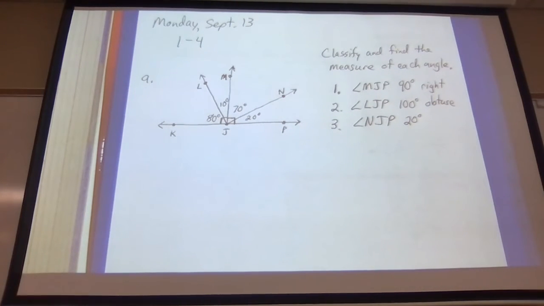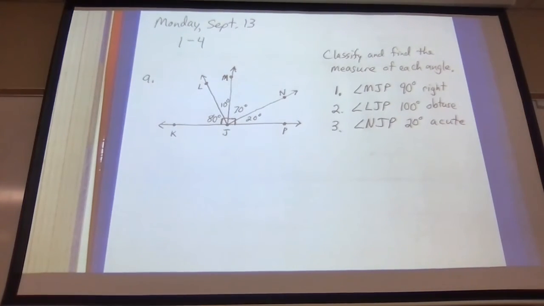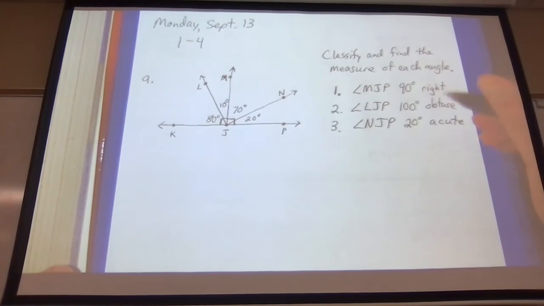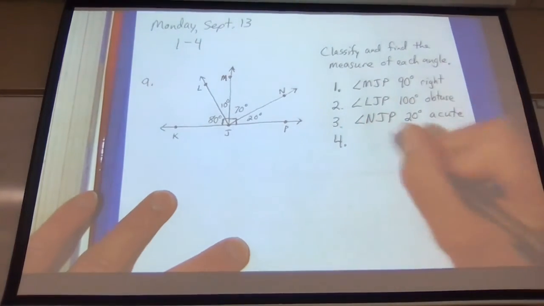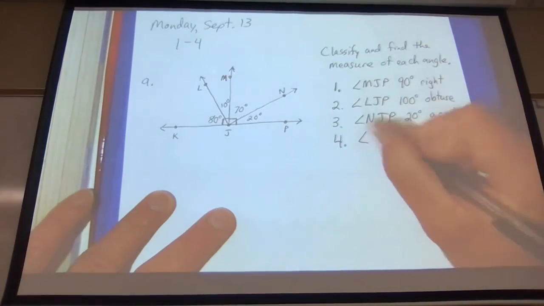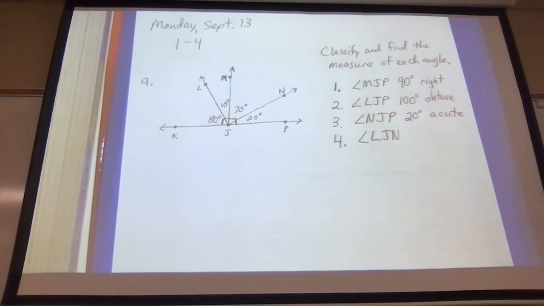And if it's 20 degrees, is that right, acute or obtuse? Maybe do one all by yourself. Does anybody need to see more before we do one by ourselves? Okay, for number 4, I want you to try this one all by yourself. I want you to find the measure of angle LJN and tell whether it's right, acute, or obtuse. Just go ahead and do it right there on your paper.